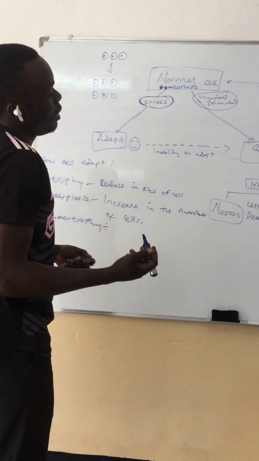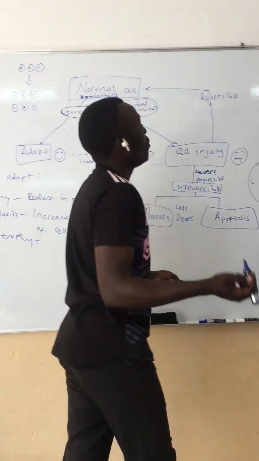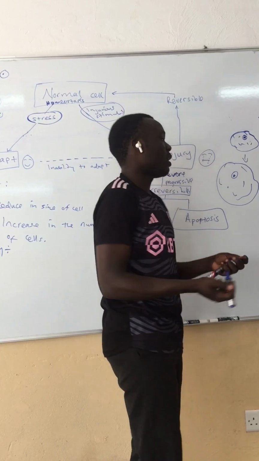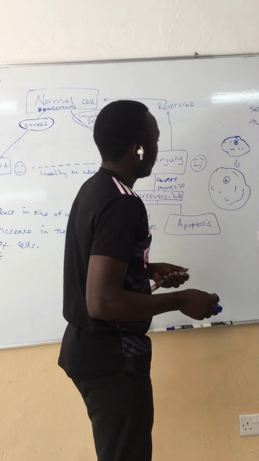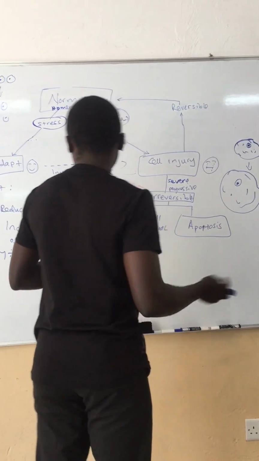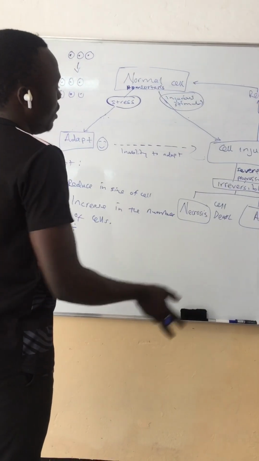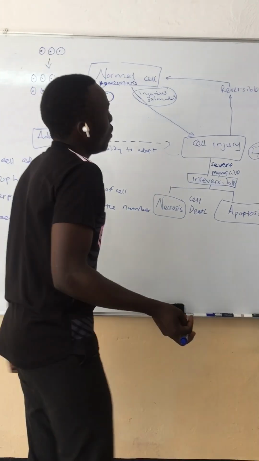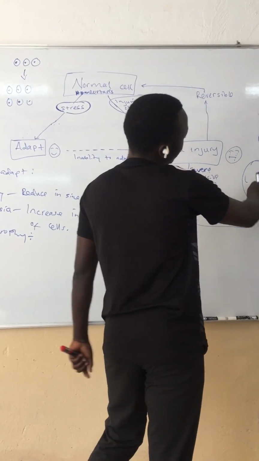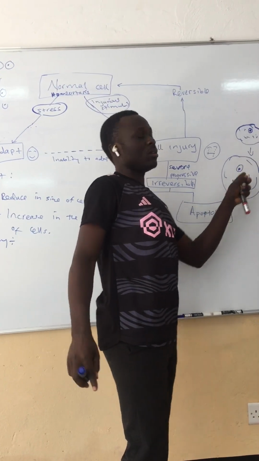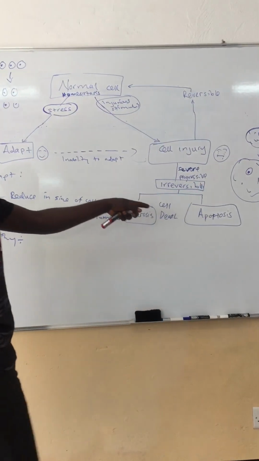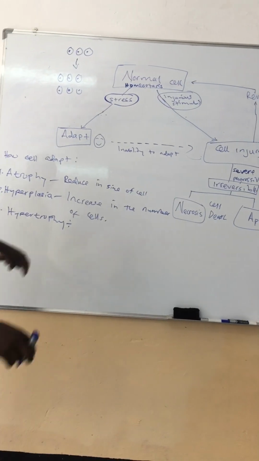But if it is too much, the cell may undergo lysis, which is the cell breaking. Under this, you just take note: hypertrophy is the increase in the size and the volume of the cell. As you can see here, the volume has changed from this to this. That is what we call hypertrophy.